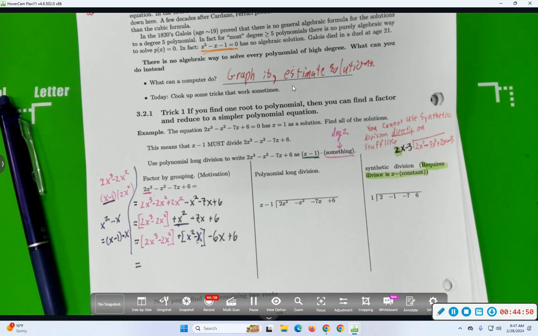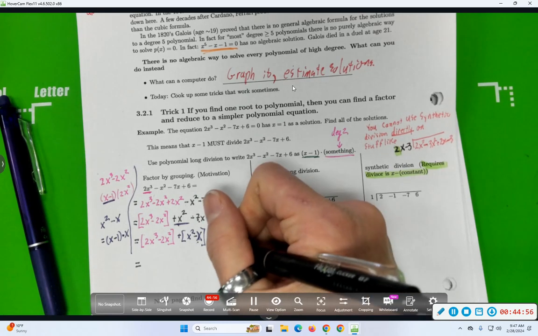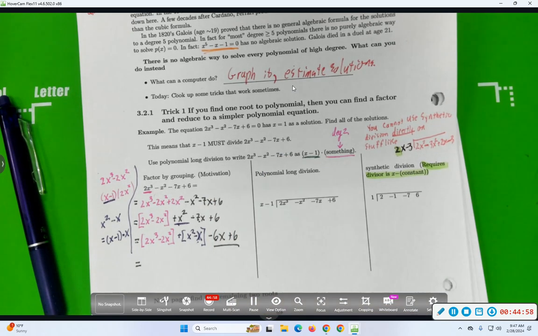So let's just look at what we have. I want to factor an x minus 1 out of everything in sight. Could you factor an x minus 1 out of that? Yeah, cool. It's like minus 6 times x minus 1.